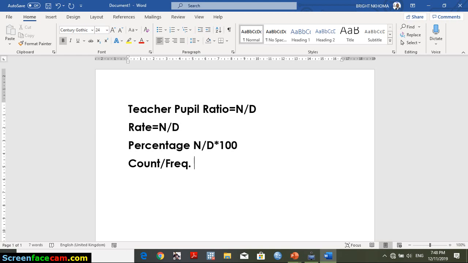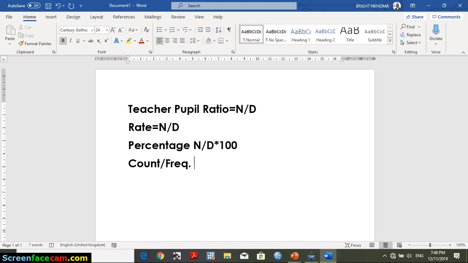Let me find something more straightforward, because here we'll be talking about mothers. Okay, let's just say mortality rate. Mortality rate will be the total number of people who died divided by the total population where the deaths occurred. Are we together?